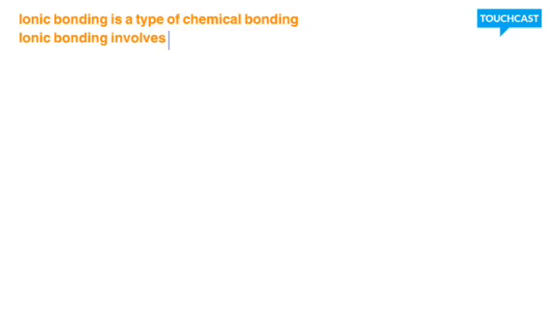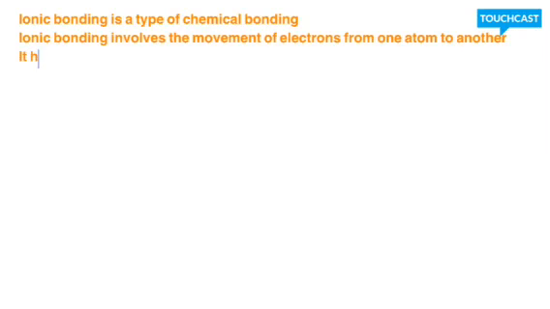Ionic bonding involves the movement of electrons from one atom to another. It happens between a metal atom and a non-metal.